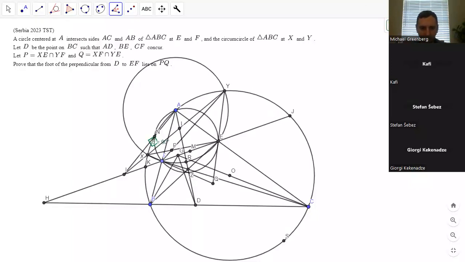Yes. And that's true because those are harmonic and ND is an angle bisector. Okay. So I think I have this. So angle HND is 90.